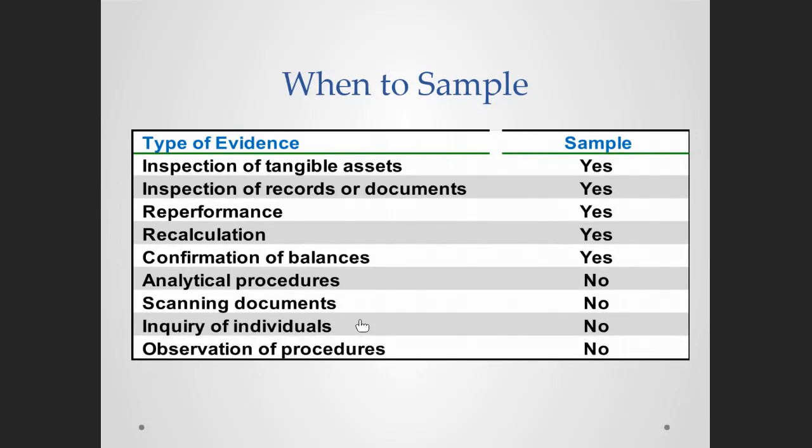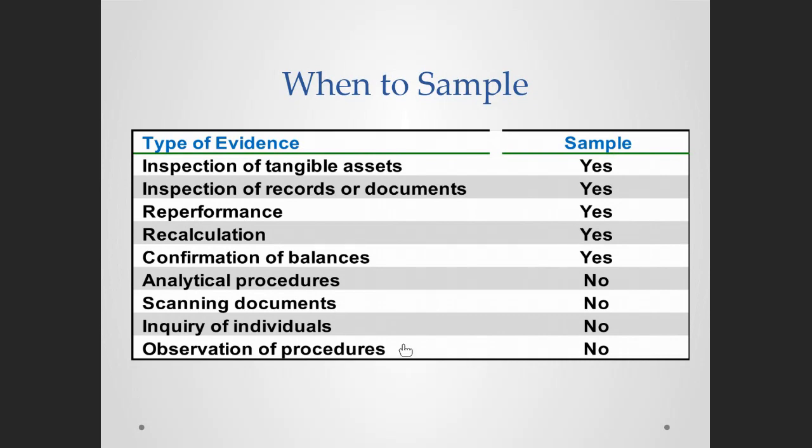You're not going to skip any procedure that they do. You're going to ask everything that they do, right, what they do and so forth. So inquiring of the people in the accounts receivable can be done by talking to one of the clerks, and you want to look at everything that they do. So no need for sampling.